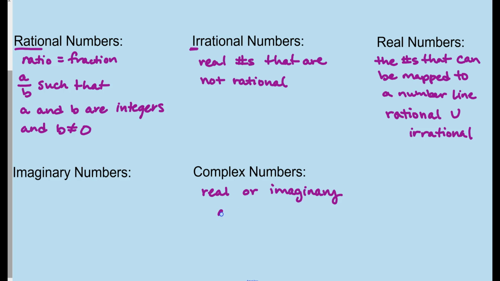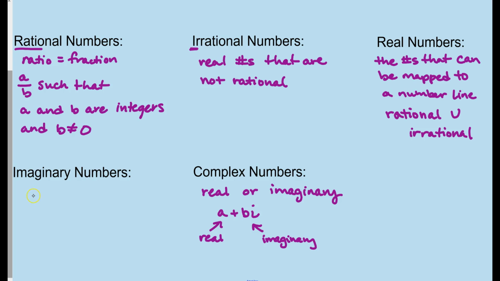So in general, we say that complex numbers take on the form a plus bi, where a is the real part and bi is the imaginary part. And a can be 0. If a is 0, then you just have the imaginary part. B can be 0, and if b is 0, then you just have a real part. So it could be just real, and it could be just imaginary, or it could have some of both.